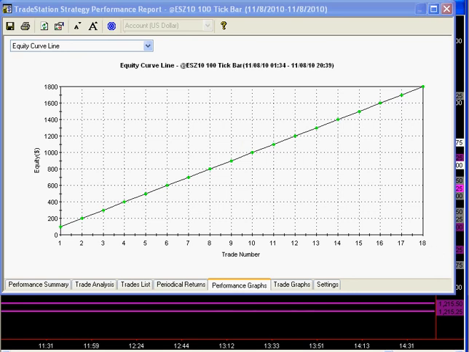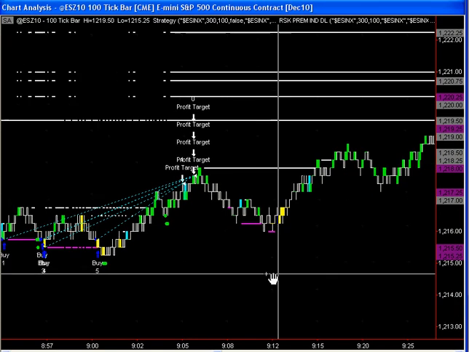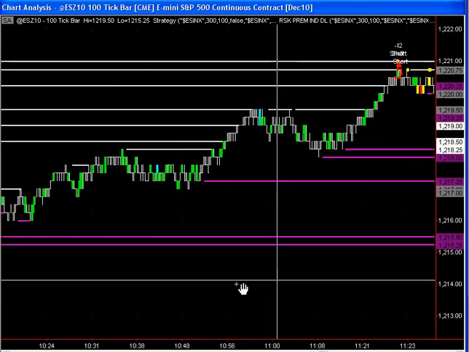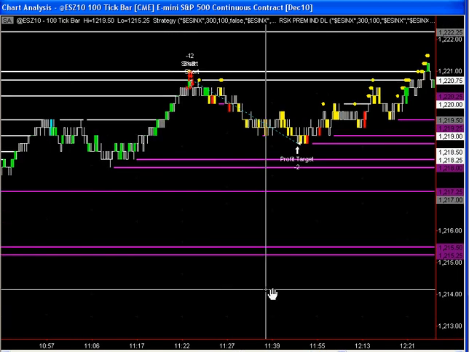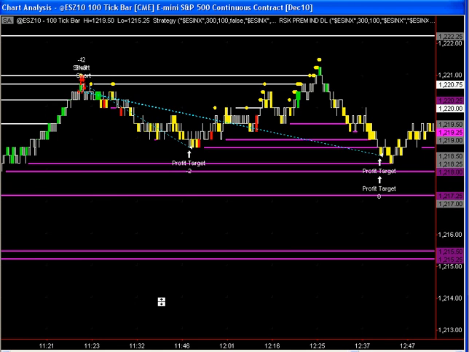The divergence strategy gave several long trades shortly before 9 o'clock. All of them hit their profit target. And then we only had one other set of short trades that took place about a half an hour or so before noon.